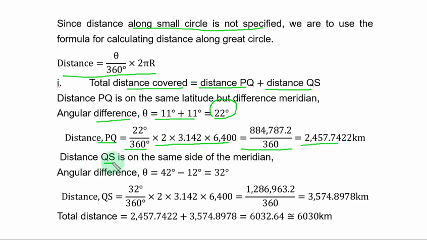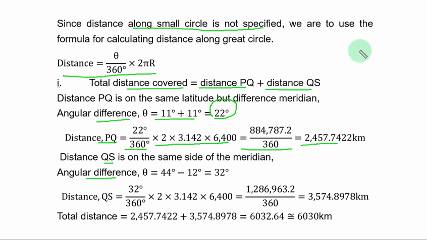Distance QS is on the same side of the meridian, and as such, the angular difference is through subtraction.